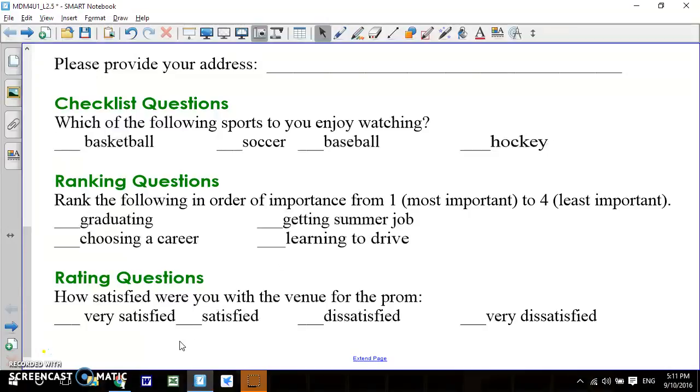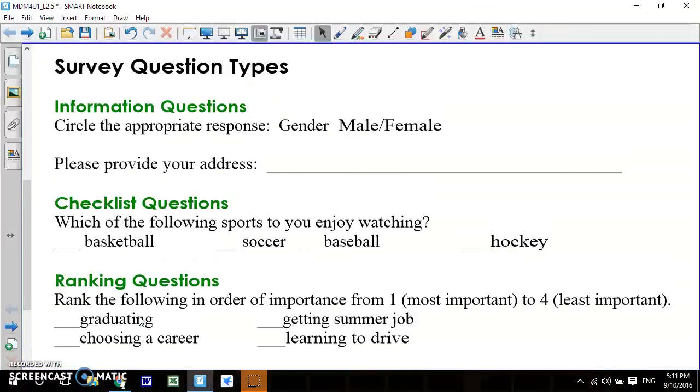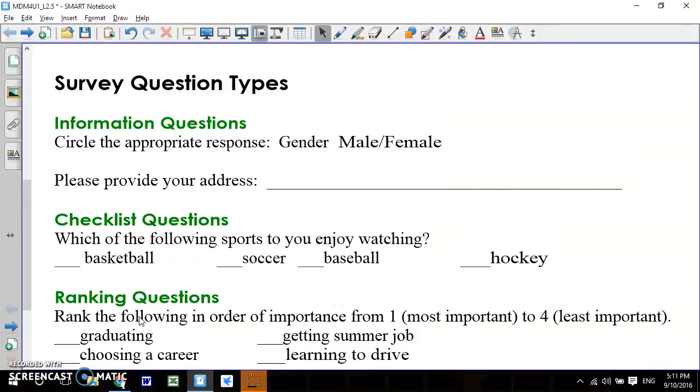So you still kind of have to think about your own opinion before you answer a rating question, but in the end, you will just pick one response. So these are the different types of questions in terms of what you need to know. So on your quiz test, you will just be asked to identify the question type that's found in the question or the test.